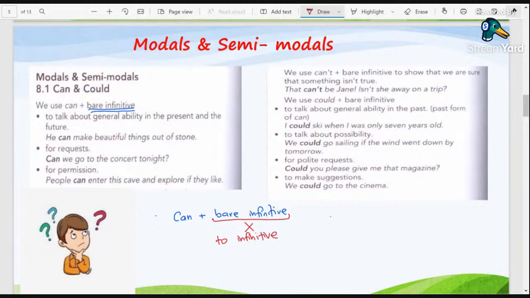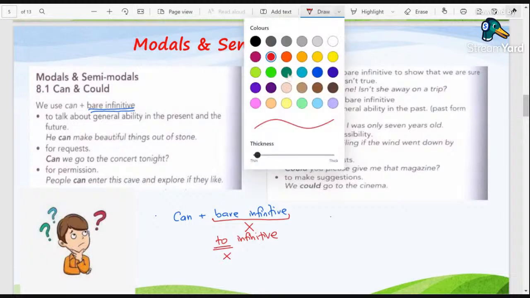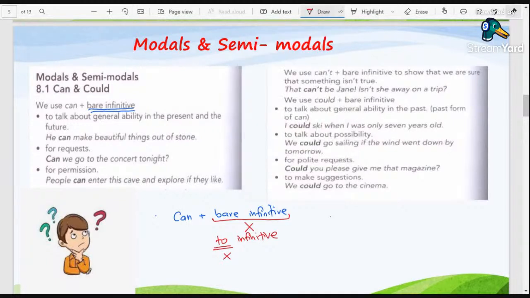Kan, I think I have been reminding you and many other classes in MRSMKK about the use of modal verbs. Kita kena ingat, bila ada bare infinitive tu maksudnya selepas perkataan can ataupun any other modals, you cannot add to. Ni salah. A very common thing that I've seen from the students of MRSMKK, I have to write this in red lah.